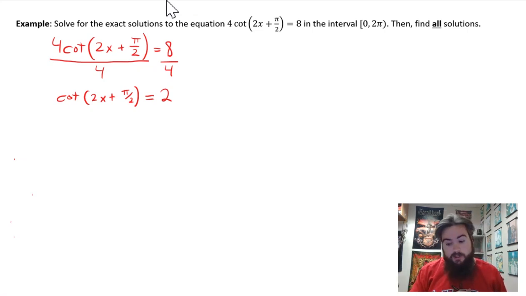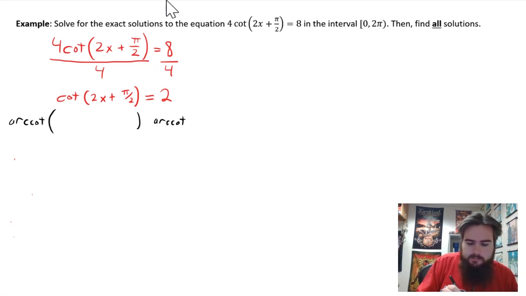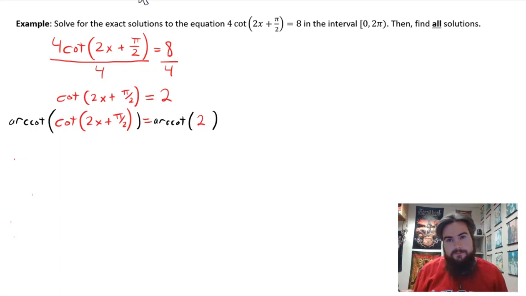Then, if I want to get rid of cotangent, I will apply arccotangent to both sides, which will now look like arccotangent of 2x plus pi halves is equal to arccotangent of 2.